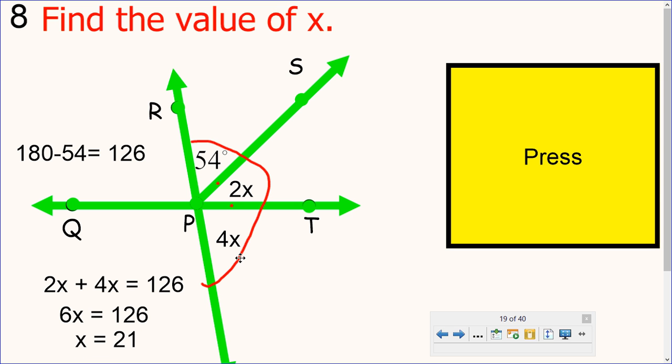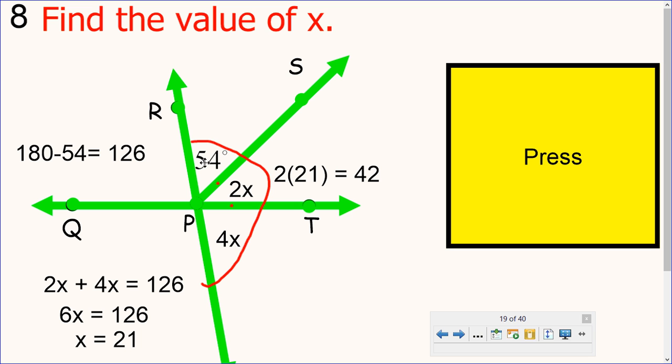So we found the value of x, and we can even put back in place of 2x, 2 times 21, and see what that gives us for this angle. That'll equal 42. So this angle here is 42 degrees, and this one we can find by multiplying 21 times 4, but I want to do a little quick thing here.